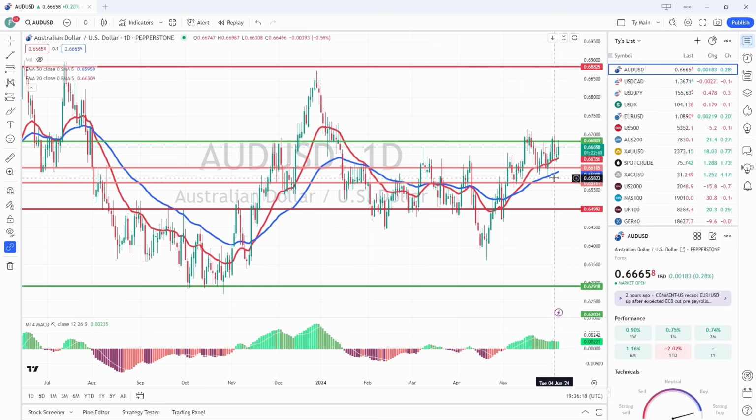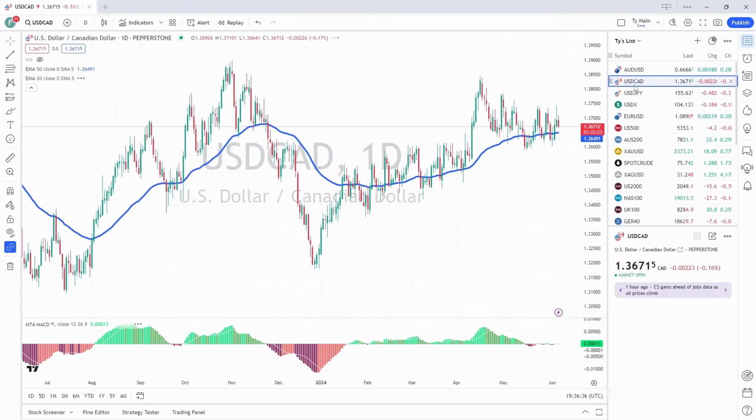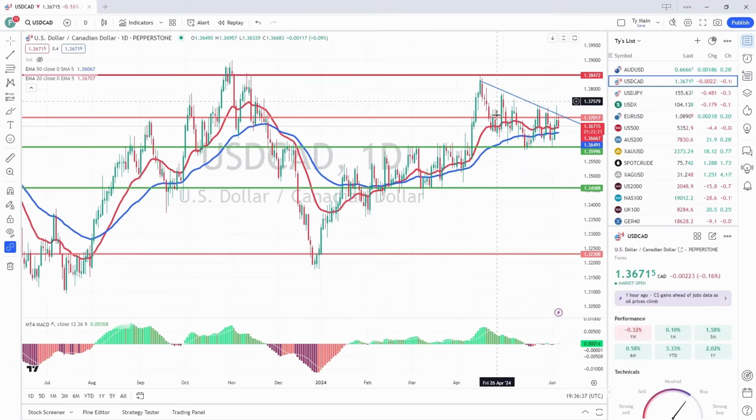I think both of them have got their reasons for moving strongly in that direction. It's just a case of waiting for the daily really to close outside that zone. So pretty good trading coming up, I think. And this zone, if you've been trading it in between the 20 moving average and the resistance, has been very good.